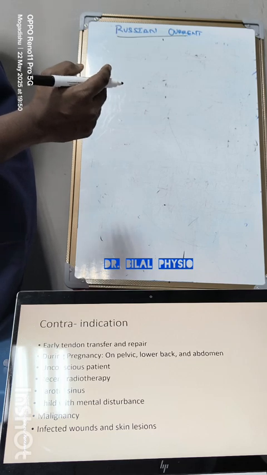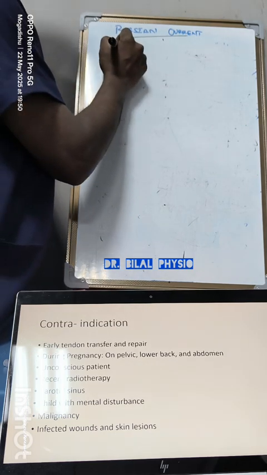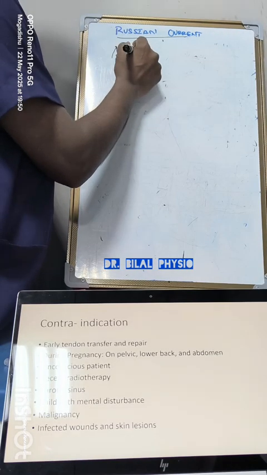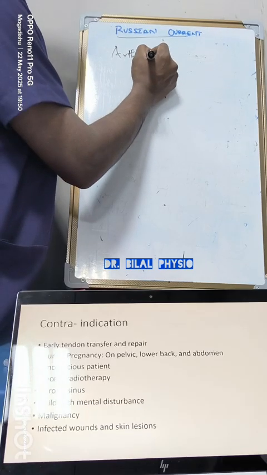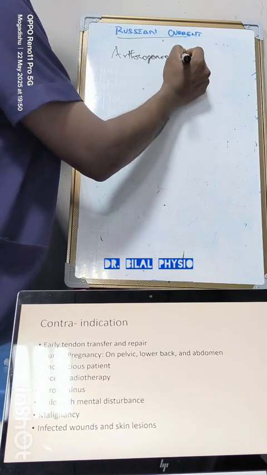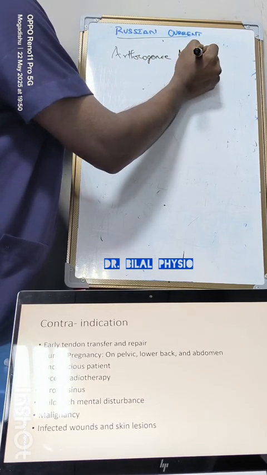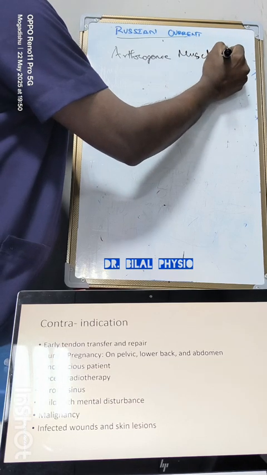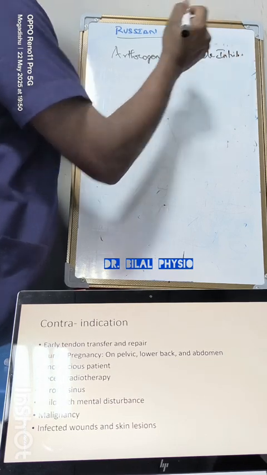Why is there weakness? It's called arthrogenic muscle inhibition.